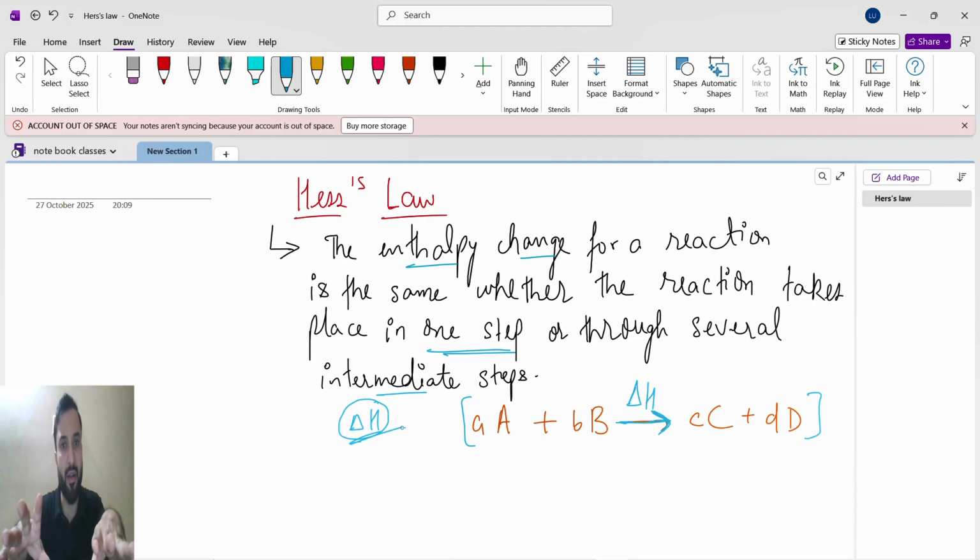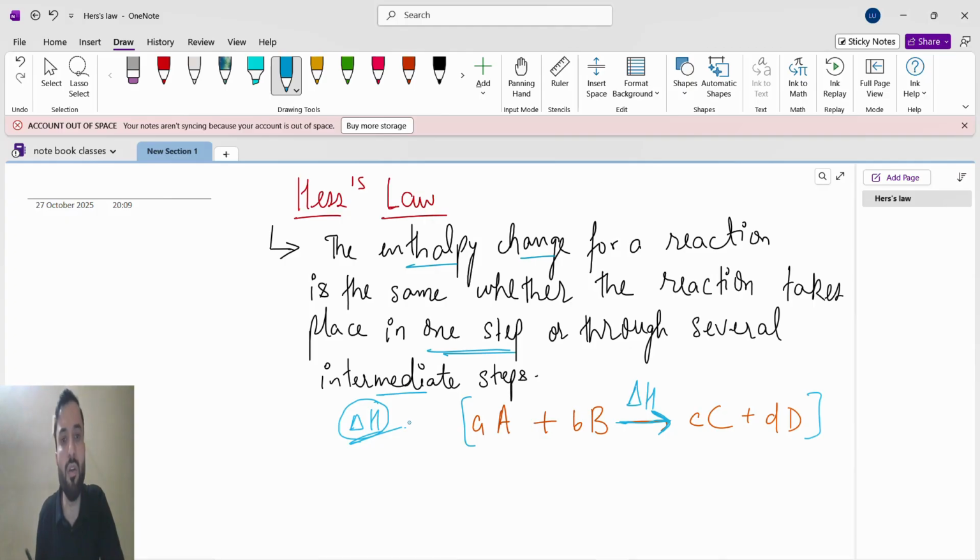Every time, in every condition, delta H, the enthalpy change, will remain the same. This is what Hess's law wants to say.